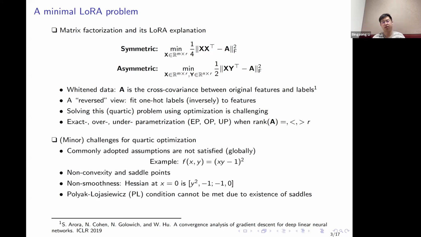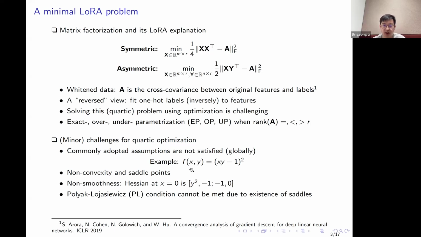There are also some other small challenges for solving this problem using optimization. The first one is that this is non-convex, right? Because it has saddle points, which we have already discussed. The second thing is that some really widely used assumptions in the optimization literature do not hold. The first assumption is global smoothness, right? Basically, smooth means the largest eigenvalue of the Hessian is bounded.